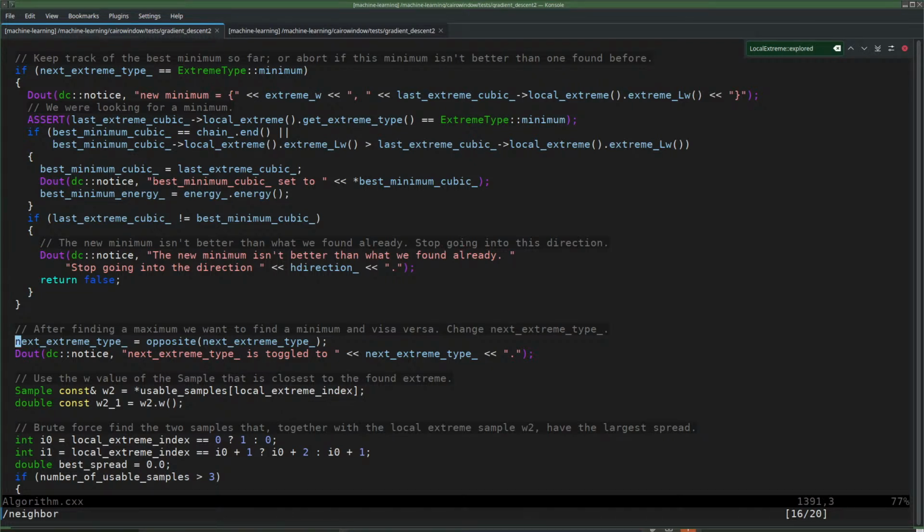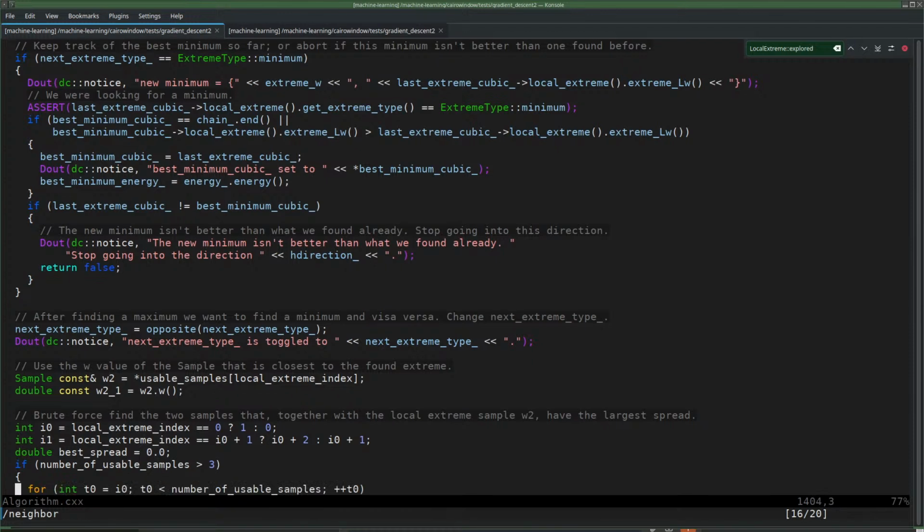Not sure about this one. Depends on if I still use the next extreme type. Now we are really starting to look for fitting. So I think I can move this, maybe even that one, all the way up till, let's see.